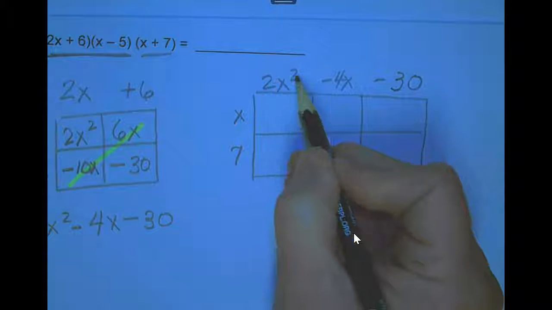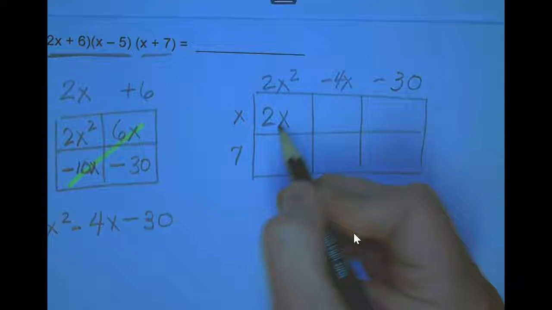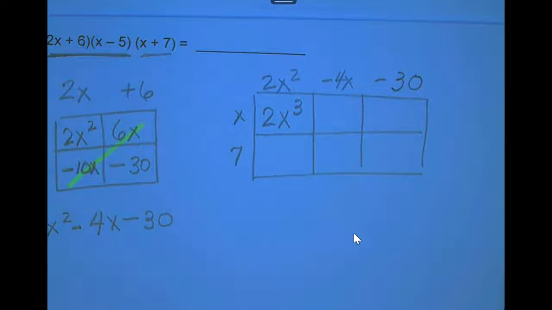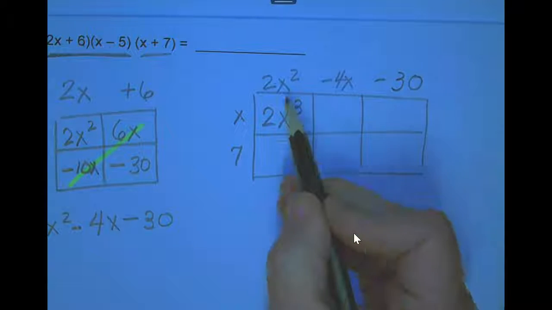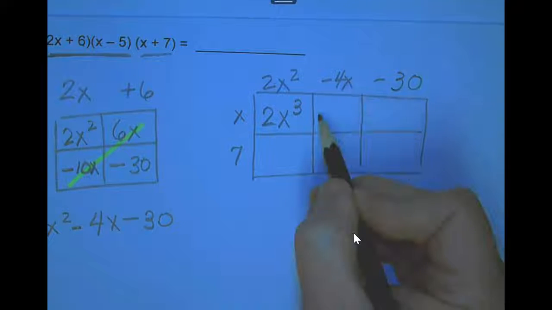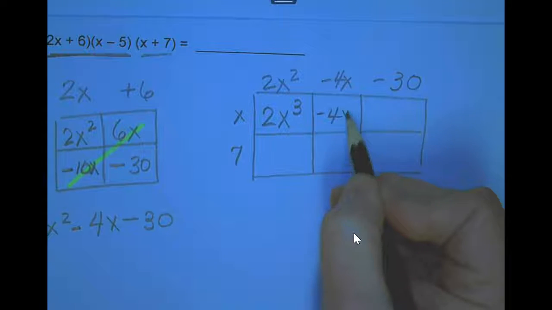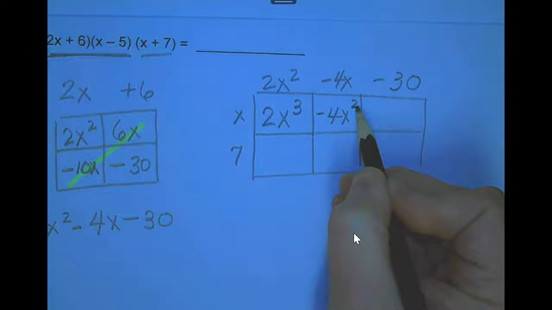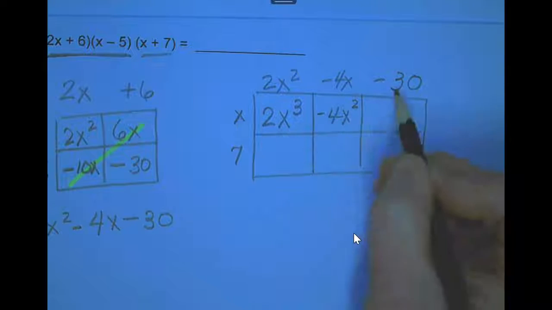X times 2x squared is going to just raise that to another power. When I multiply x times negative 4x, that's going to be the same thing except raised to another power. X times negative 30.